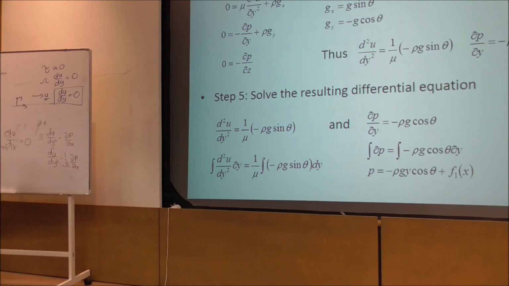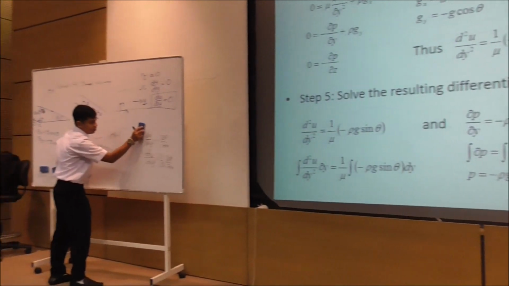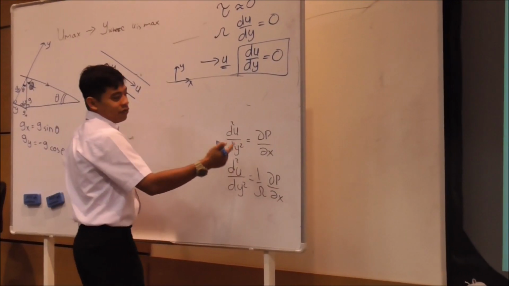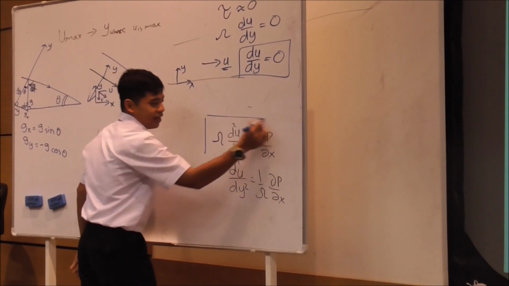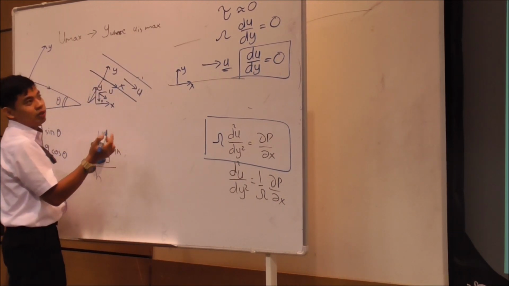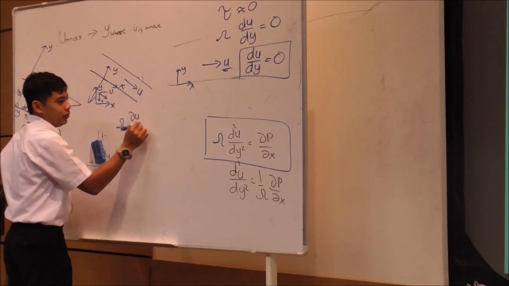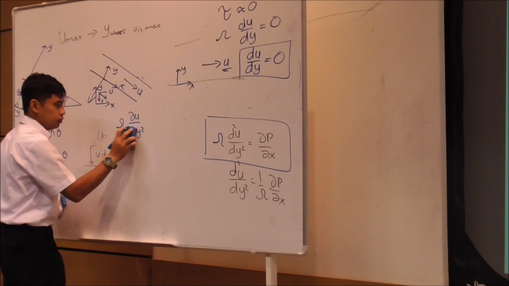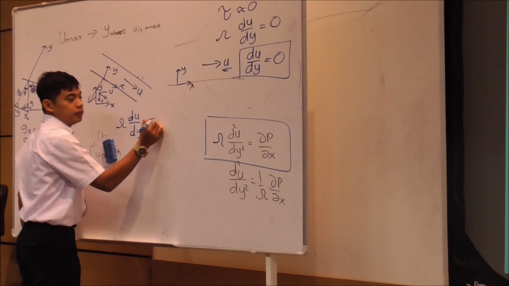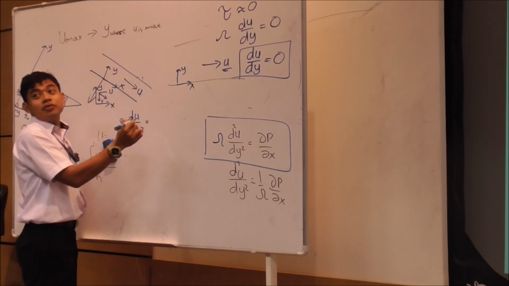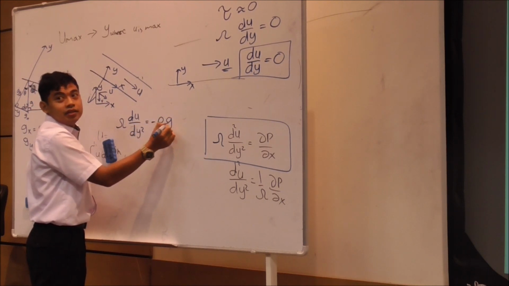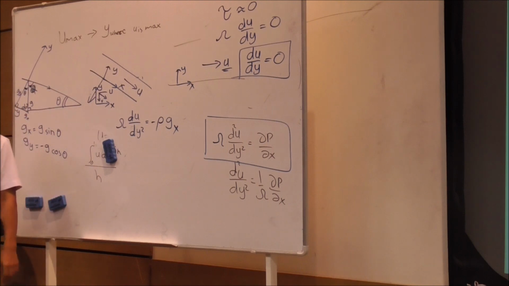If you compare with the previously derived equation when you have horizontal, you get this, right? When you have this, now you realize that we have mu d square u over dy square equal to minus rho gx.